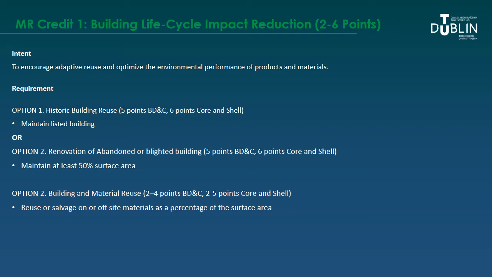So there's more points available for this part of the credit for these 3 options from 2 to 6, because the emphasis is on reusing what we have instead of having to use new materials, with the idea that you're removing these from the waste stream and also that you're reducing the carbon footprint of creating new materials. So that's why there's more points available for this credit.